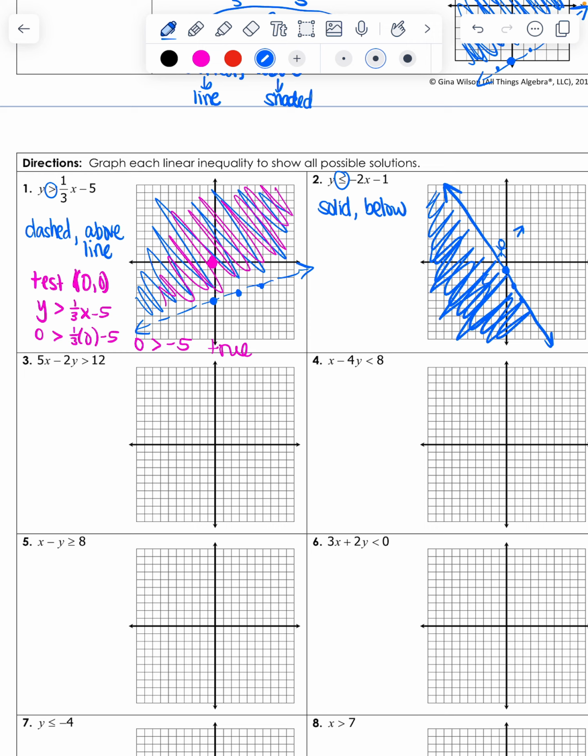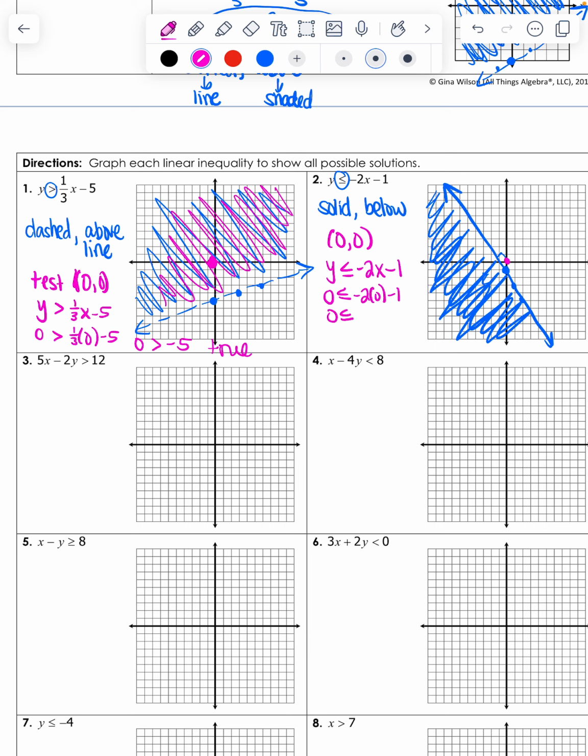Everything underneath of this line would be the solution region. If you're not really positive, then what you would do is just test a point. So testing a point means pick any point that you want. 0, 0 is usually the easiest point to use, as long as it's not on the line. If I was going to test the point 0, 0, I would replace in 0 for y and 0 for x and see what happens.